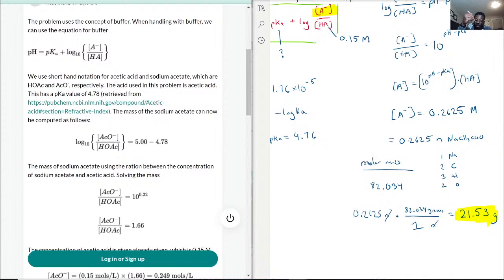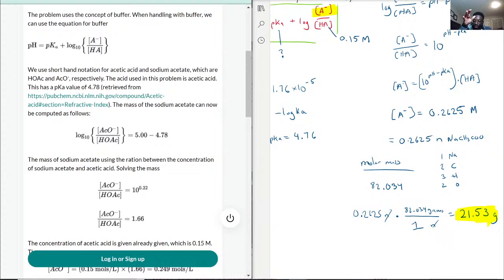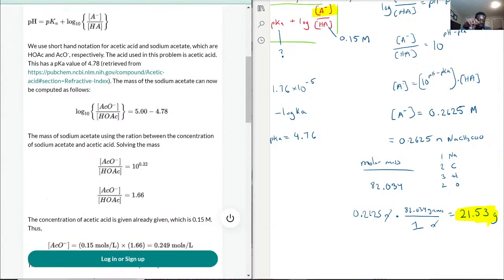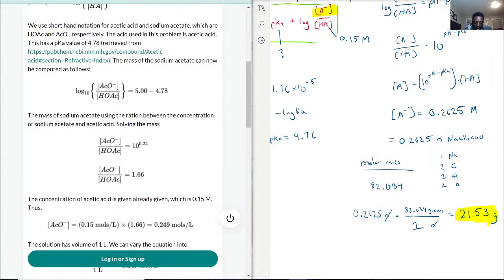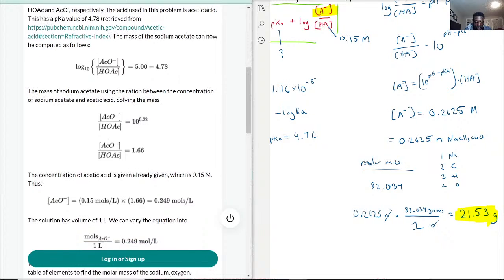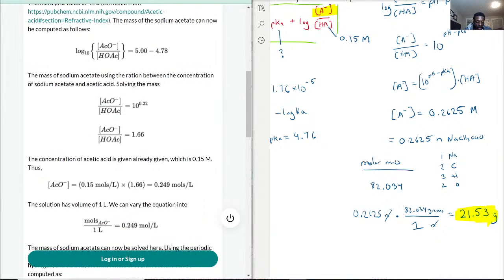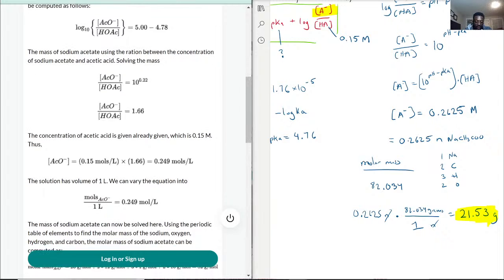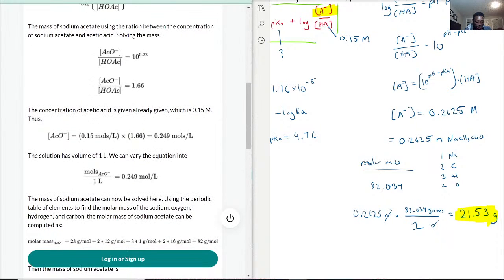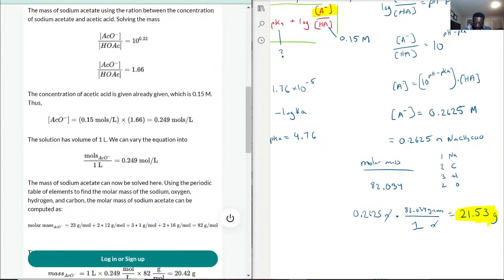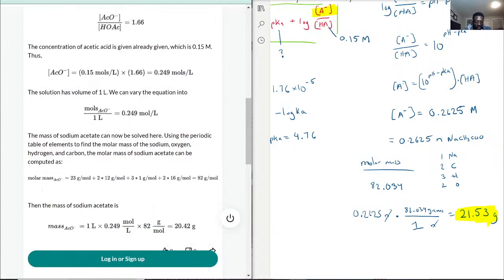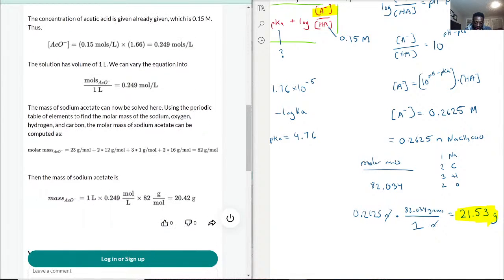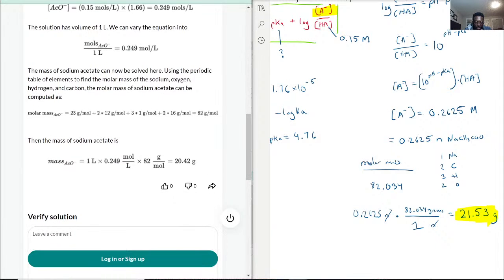Although I'm pretty close, mine was a little different because mine was 4.76, so I had 0.24. But everything I'm seeing here looks correct, and then they multiply with each other. They got 0.249, and I had 0.2625, so they have the moles per liter correctly, and then they can convert that to moles. Then they found the molar mass. This is good, and they got 20.42.